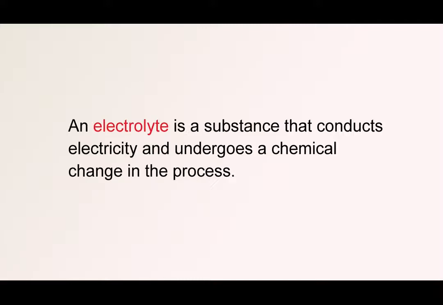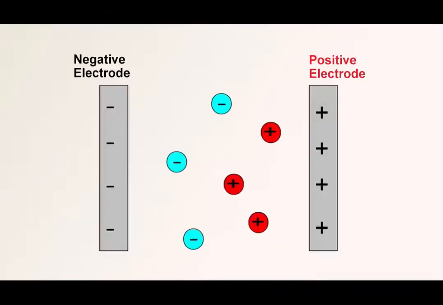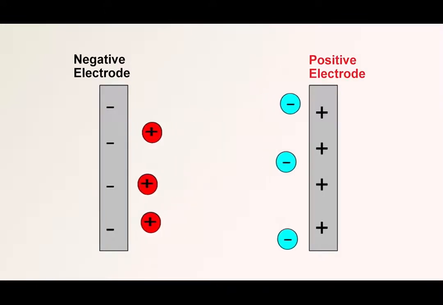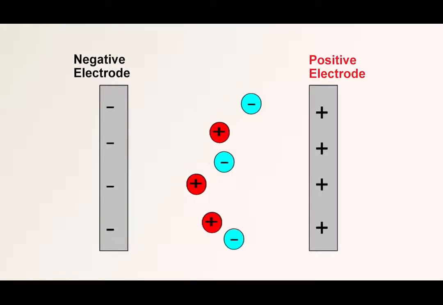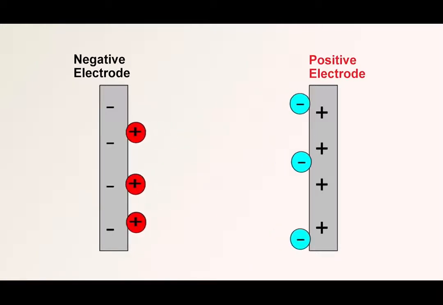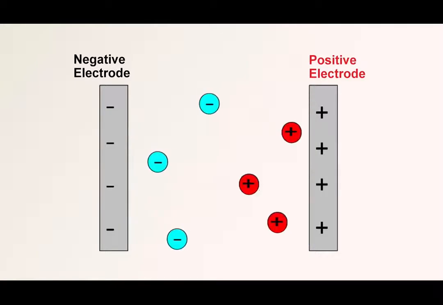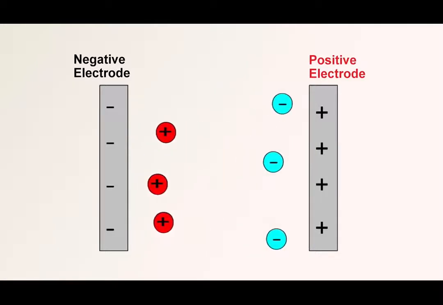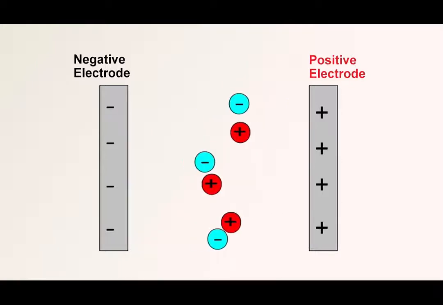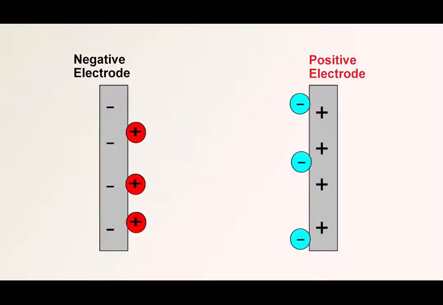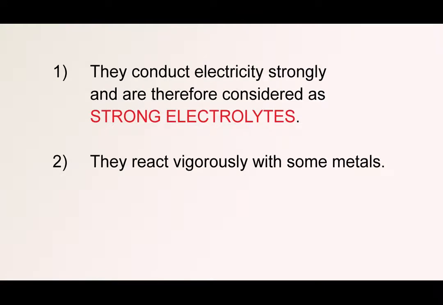An electrolyte is a substance that conducts electricity and undergoes a chemical change in the process. The diagram on your screen illustrates how the positive ions and negative ions from the acid move to the opposite electrodes to conduct electricity. 2.